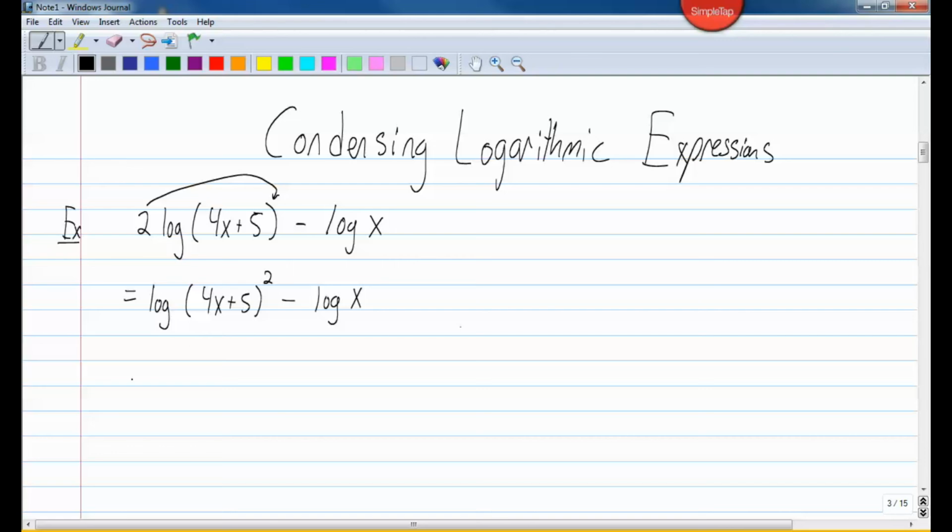Okay? So this would equal log of 4x plus 5 squared over x. Alright, I put another parentheses out here on the outside of everything.